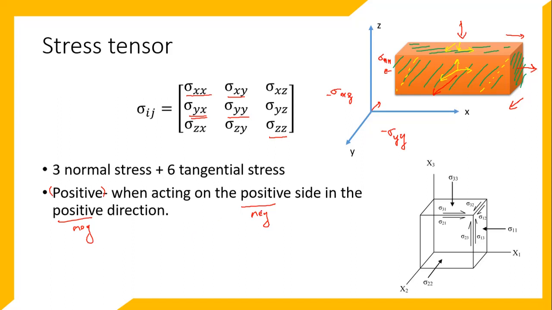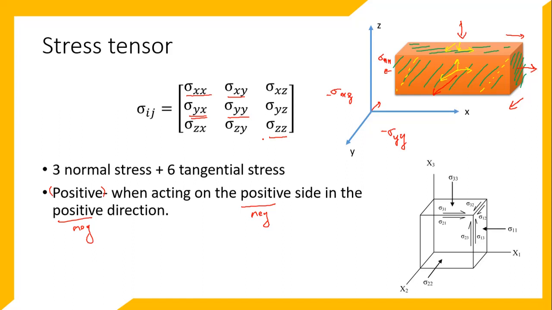This is just a matter of convention that what we take. It doesn't change how we look physically into the matter. I just have to introduce you to these components. So here you can see we have nine different components of stress.